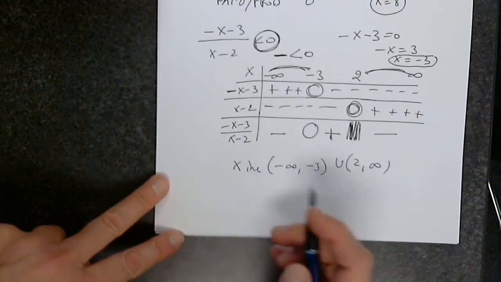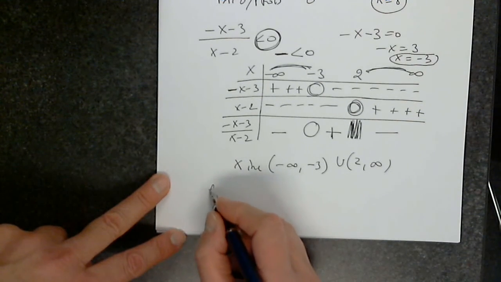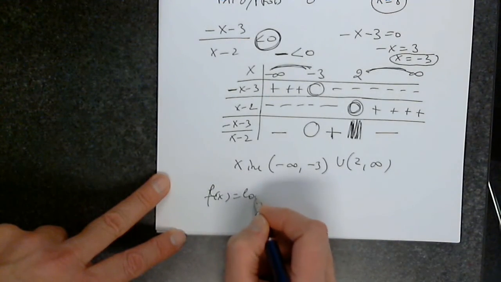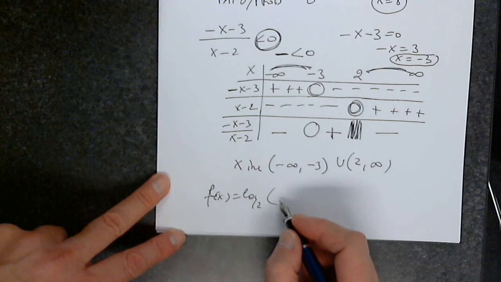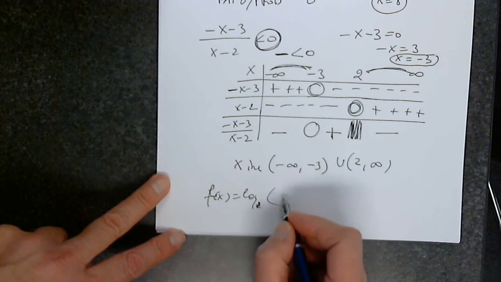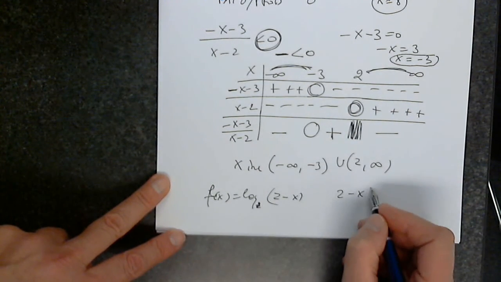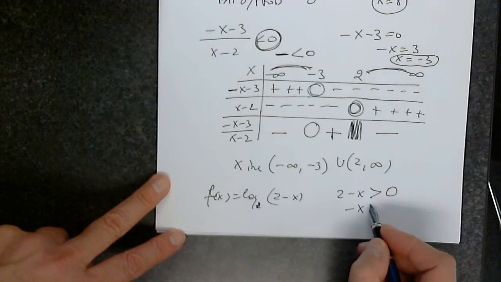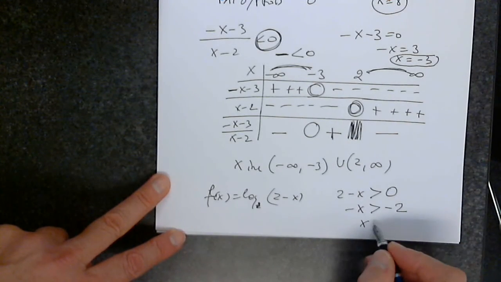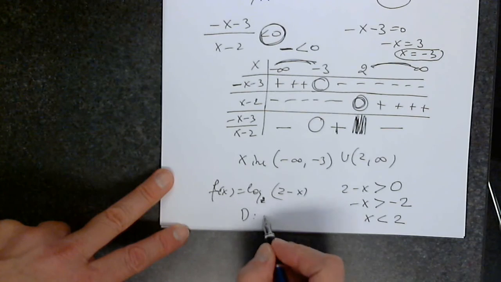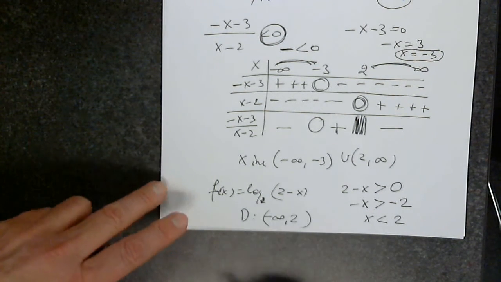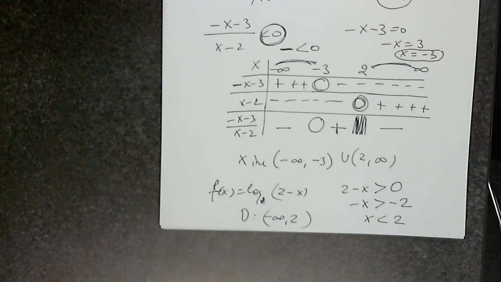So this is f of x, which is log, just log, I'm sorry, of 2 minus x. 2 minus x must be greater than 0. Negative x greater than negative 2. X less than 2. Domain, negative infinity, 2. Log is applied to 2 minus x. 2 minus x must be positive.